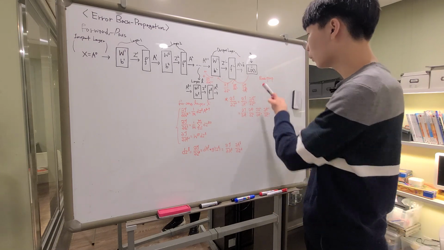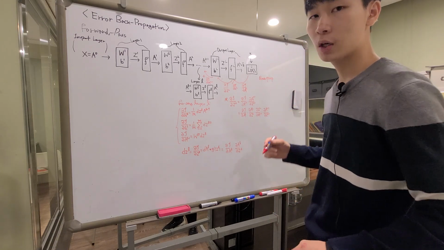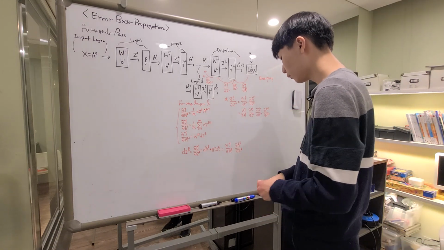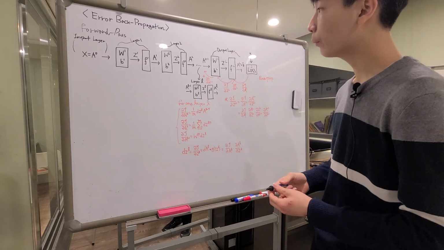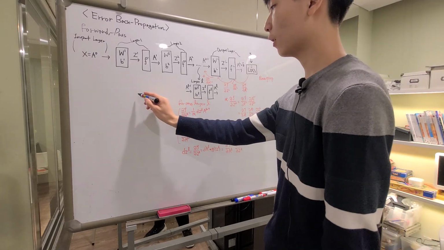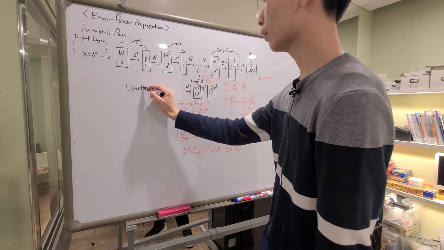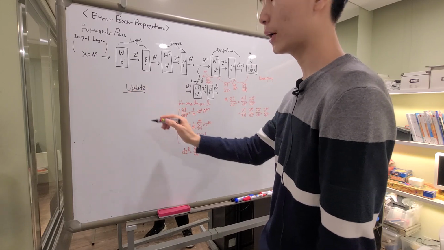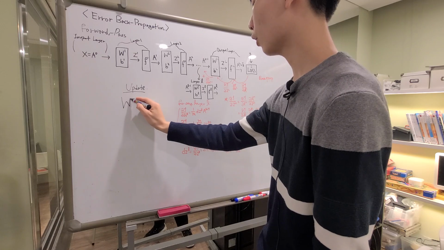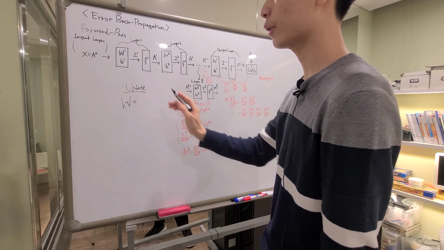The reason why we need backpropagation is when we want to optimize our parameters. For that we use what's called gradient descent.